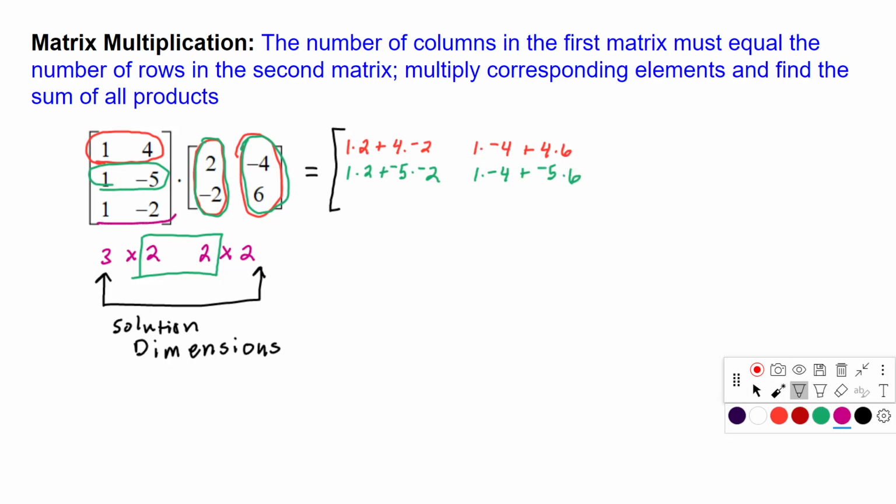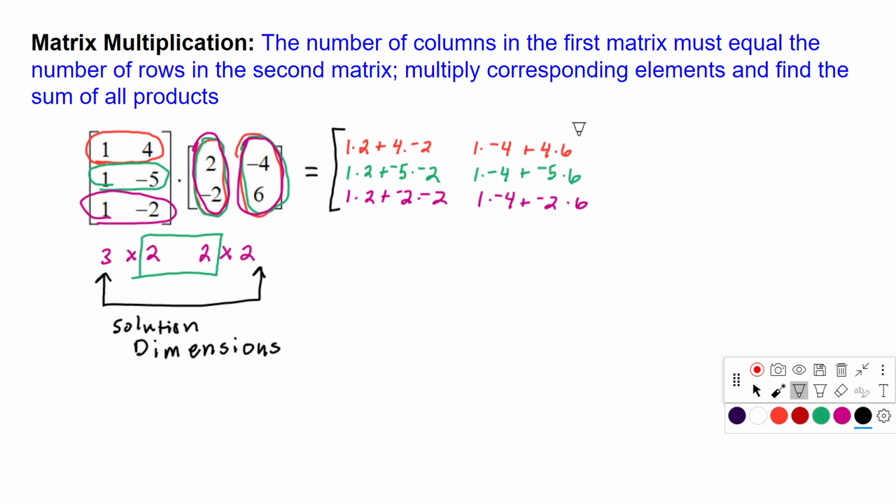And then we have the third row times each column. 1 times 2 plus negative 2 times negative 2. Take it times the second column. 1 times negative 4 plus negative 2 times 6.